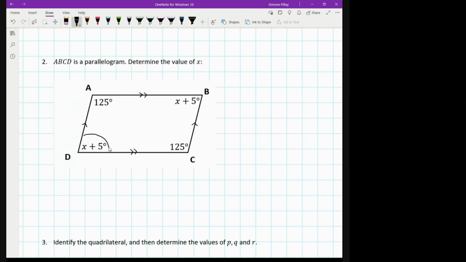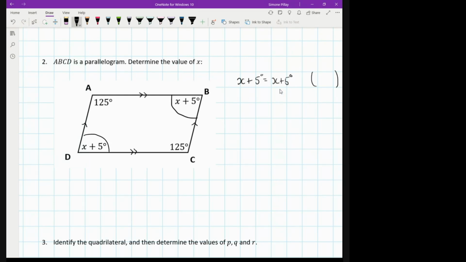Because I know it's a parallelogram, I know that my opposite angles are equal. Oh, and actually, this is not going to help me. I have x plus 5 degrees should be equal to x plus 5 degrees. And my reason will be properties of a parallelogram or opposite angles in a parallelogram.